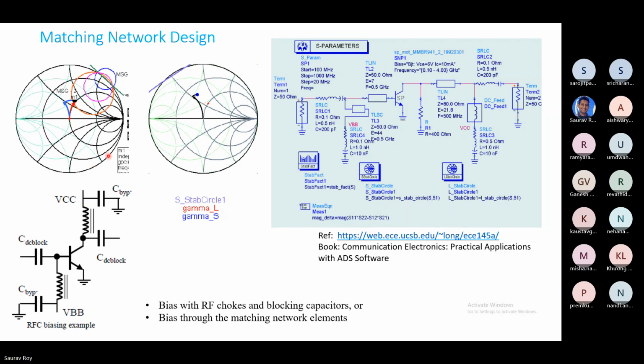So the thing is, see, if you take this red arrow here, if you choose this red arrow for matching, that means you are staying in a same resistance circle, but you are adding only a inductance. That means if you add a inductance, you can come from M1 to here, or here to M1. So this is what is done in the load side.